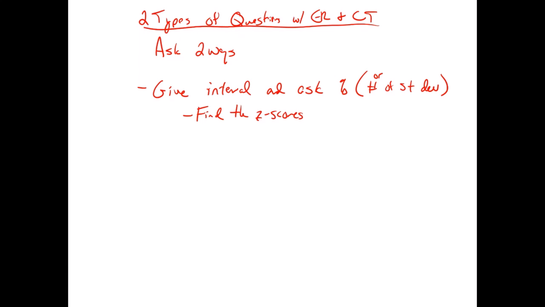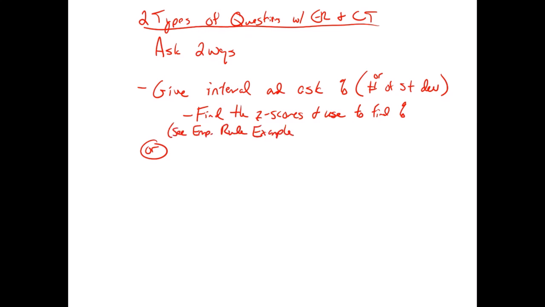If I give you the interval in terms of the original data values, say something between 59.06 and 64.3 inches, then I'm going to want you to find that percentage or the number of standard deviations. In that case, just find your z-scores and use that to find the percentages based on where those z-scores are. So that's exactly like the example we just did.